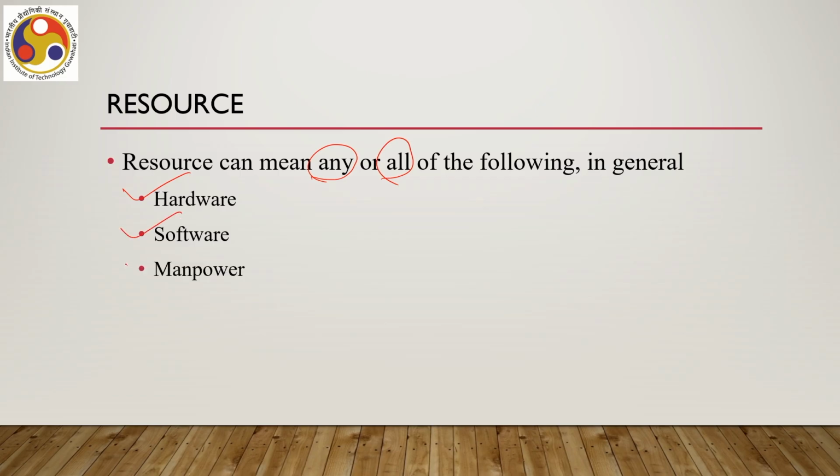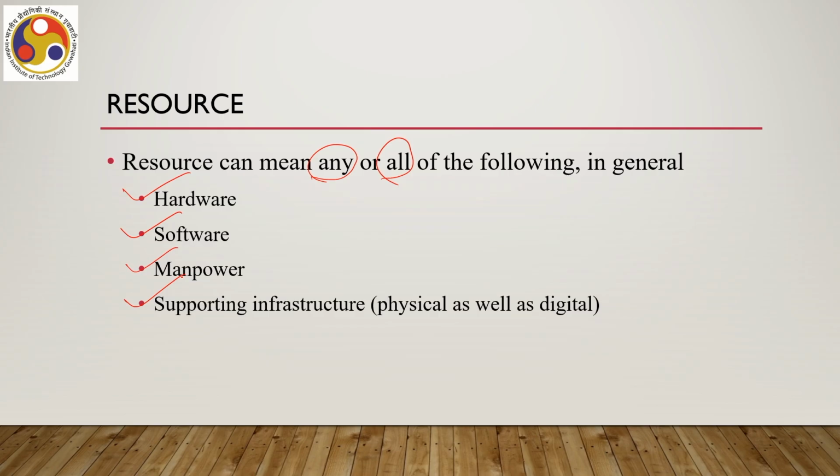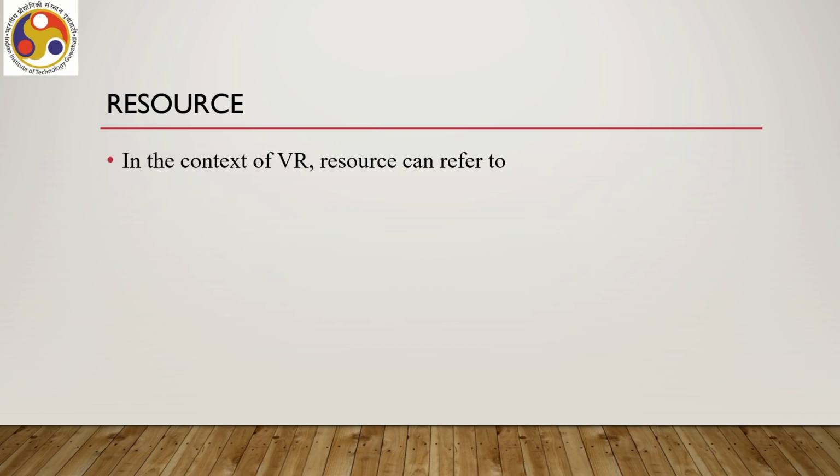Even manpower is a resource. Supporting infrastructure such as physical infrastructure as well as digital infrastructure. Physical infrastructure such as a room, furniture, digital infrastructure such as the network setup and so on. These can all be considered as resources.